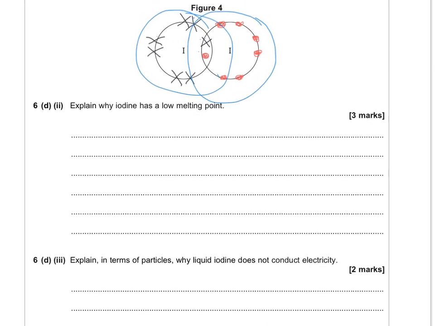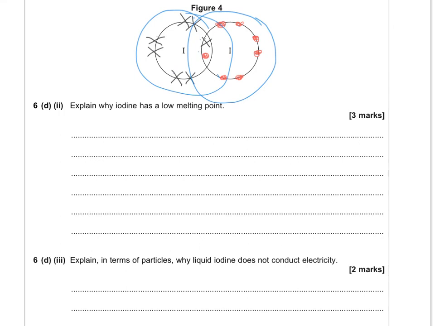Question 6D2. Explain why iodine has a low melting point. So now for iodine, you've got to say that it's a simple molecule and it has got intermolecular forces between molecules that are quite weak. They require little energy to overcome.